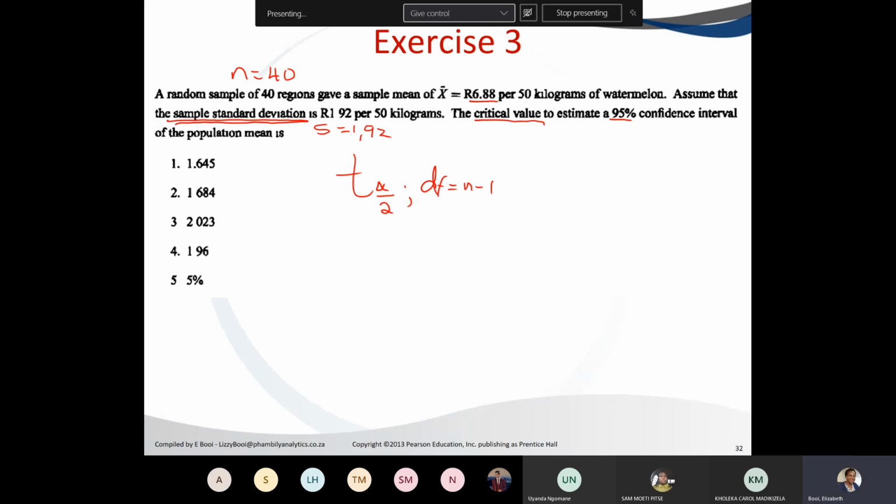The other information is just additional information for maybe the next question. So now you only need to go find the critical value. It should be easy and quick to find. Remember, they give you a 95% confidence interval, therefore your alpha will be 0.05.